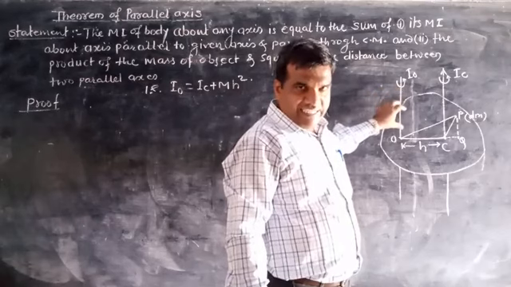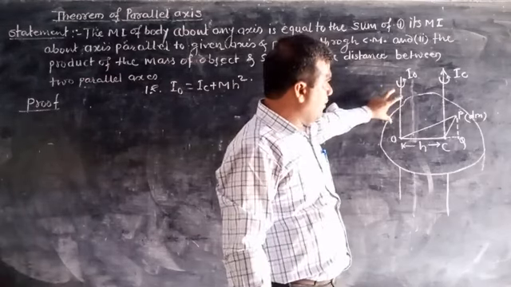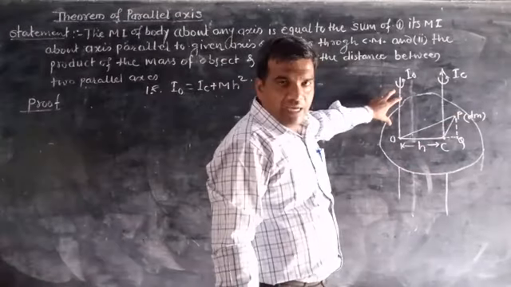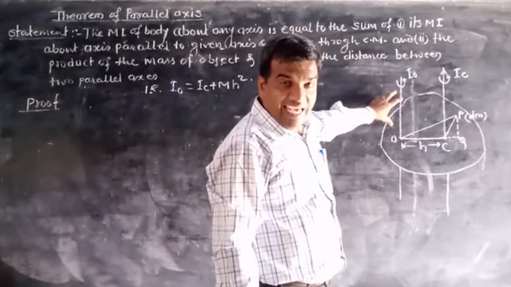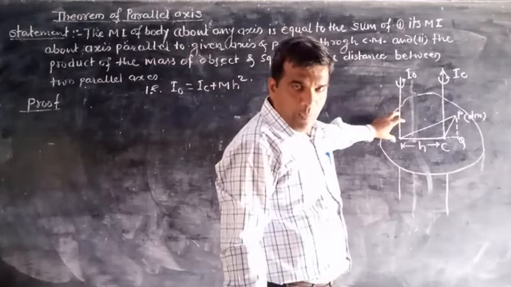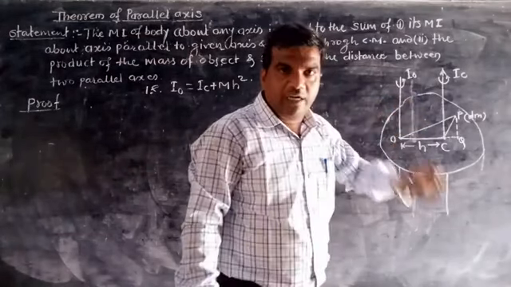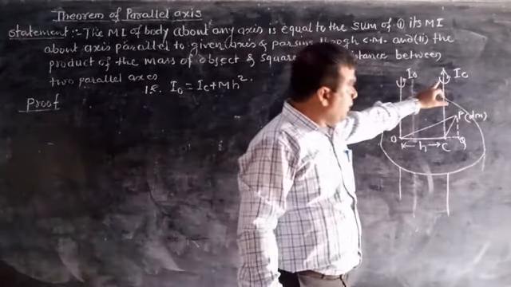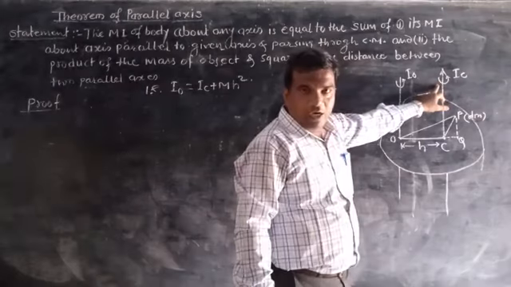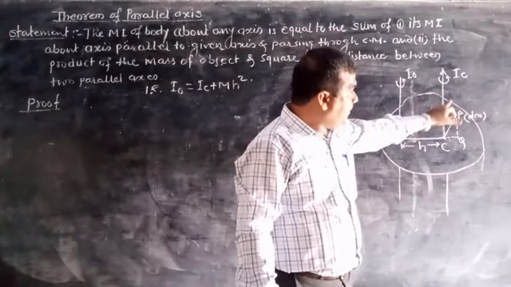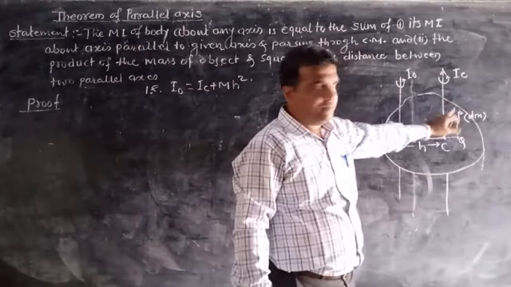It states that the moment of inertia of this body about any axis passing through this point O is equal to the sum of the moment of inertia of a body about a given axis parallel to this axis.